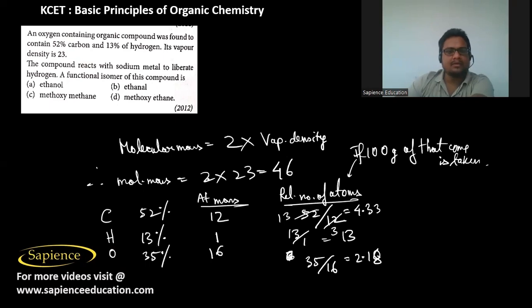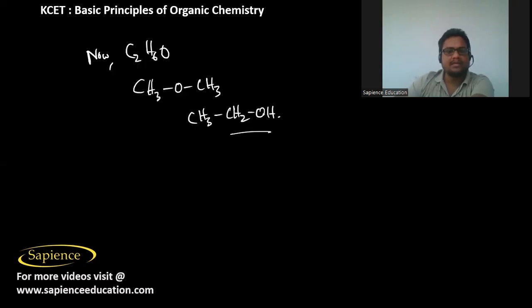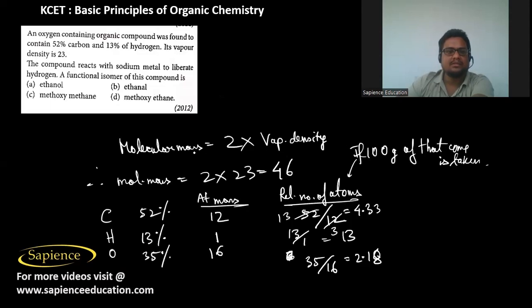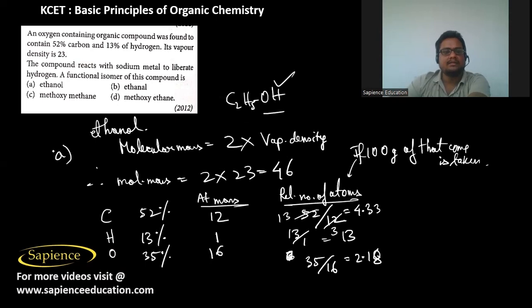Now alcohols, we know, can liberate hydrogen if they react with sodium. So it means that it will be CH3CH2OH only. I can say C2H5OH. So it will be ethanol. So option A is the correct answer.